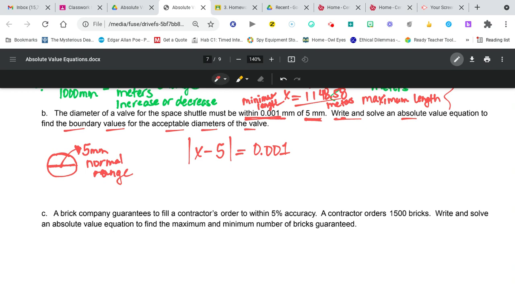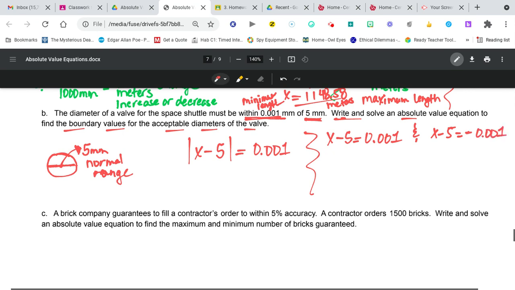All right, so that's my equation, and then I'm going to solve. This is pretty simple. Okay, so solve. You're going to take the inside, x minus 5, and set it equal to 1,000th. And then you're going to take the inside, x minus 5, and set it equal to negative 1,000th. Now when you add 5 to both sides, you can add 0, 0, 0 if you want to.